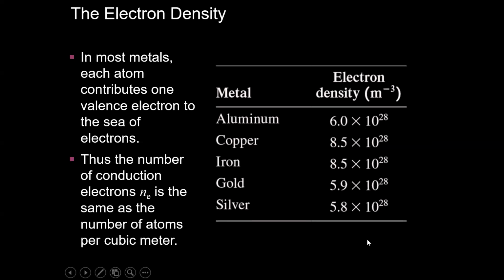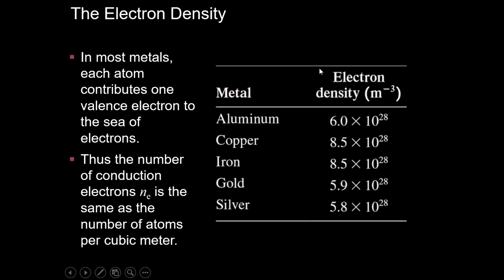And these are the formulas for electron density. It's worth mentioning that this quantity is not fundamental. As the discussion on the slide says, the free electron density, if you make the assumption, which is pretty valid in almost all cases, that the atoms all donate a single electron to the free electrons, well, then this free electron density is the same number as atoms per volume.